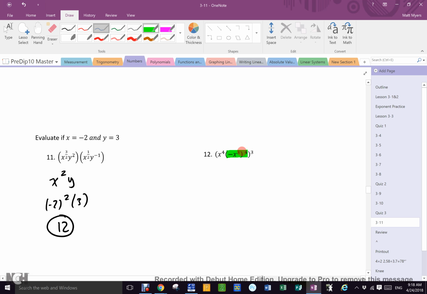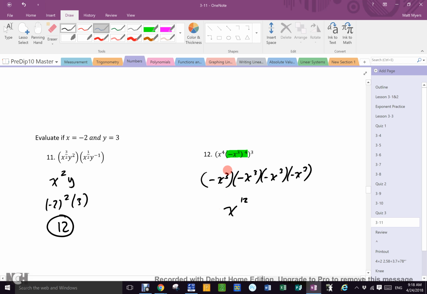So what I've highlighted is negative x cubed 4 times, correct? Negative, negative, negative, negative. What's it going to end up as? Positive x to the 12th, correct? A negative base to an even exponent will always end up positive.